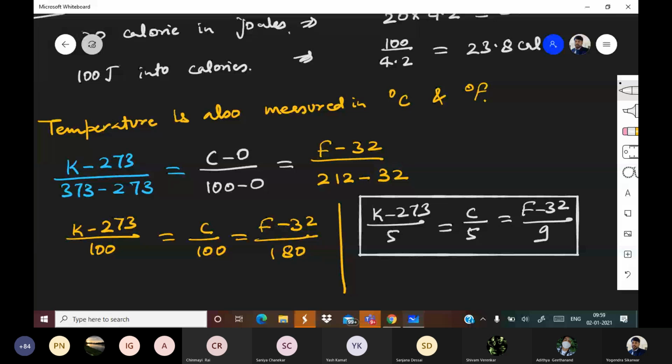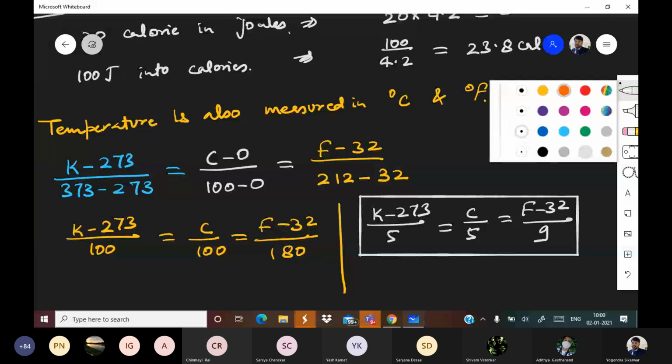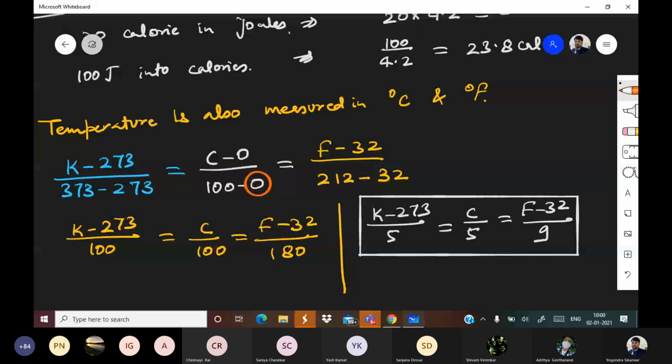Now let me tell you the importance of degree Celsius. In human life, there is a very important substance, and that substance is water. Now for water, if you notice, the freezing point is 0 degree Celsius and boiling point is 100 degrees Celsius.